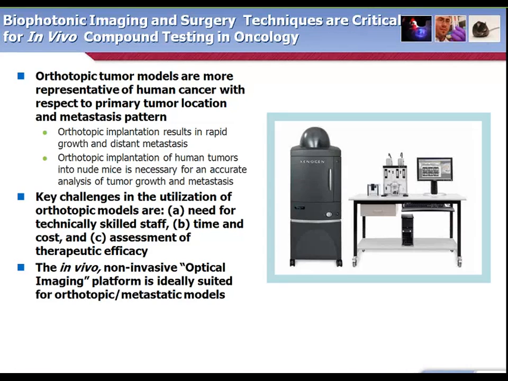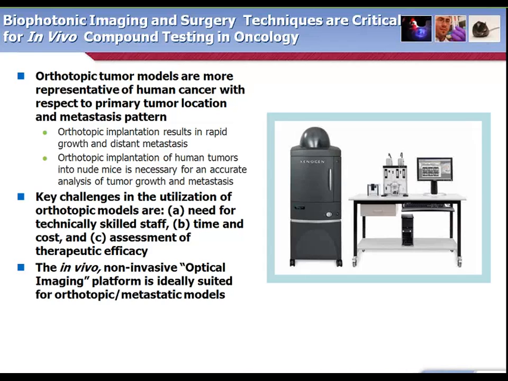Most of these are going to be xenograft models. We were interested in getting into this many years ago because we think they're more representative of human cancer with respect to the primary tumor location and the pattern of metastasis.